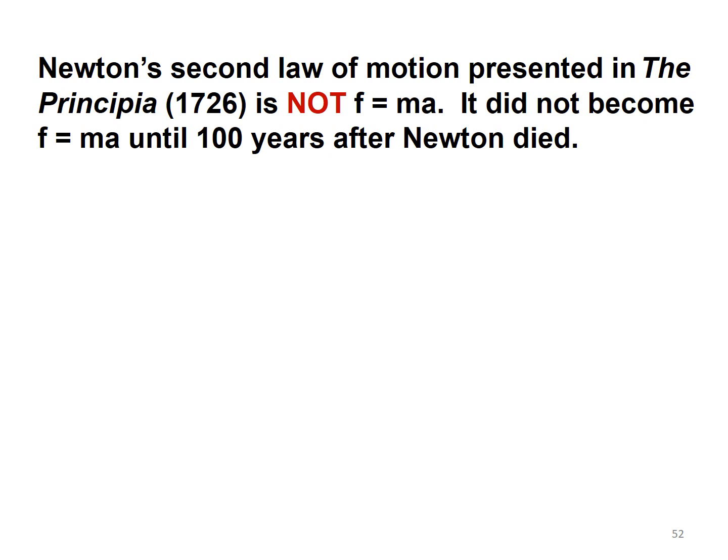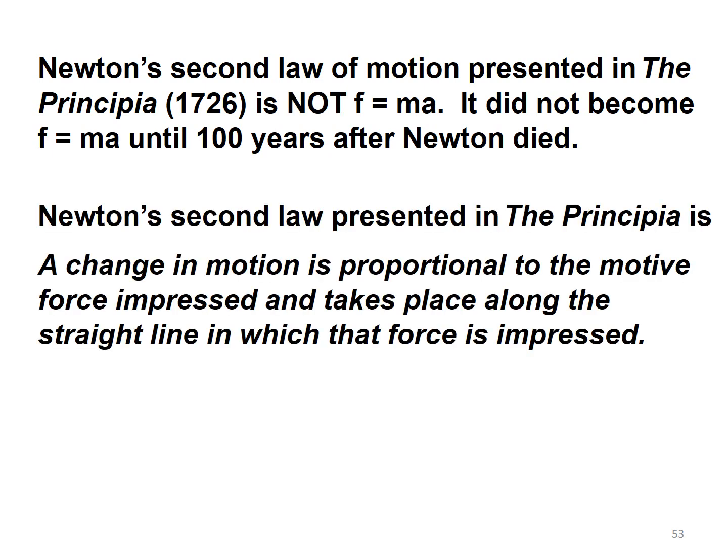It did not become F equals ma until 100 years after Newton died. Newton's second law presented in the Principia is a change in motion is proportional to the motive force impressed and takes place along the straight line in which that force is impressed.